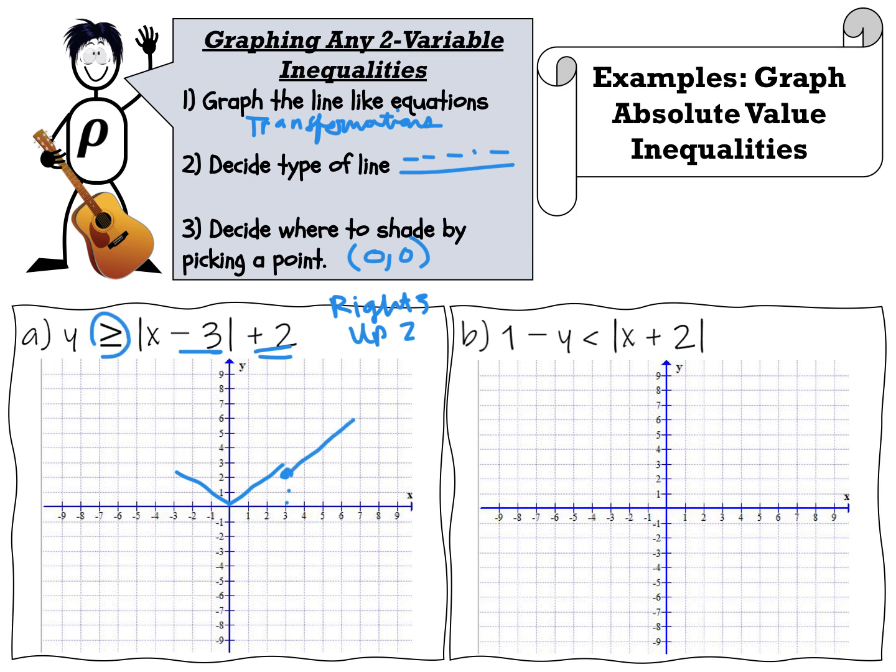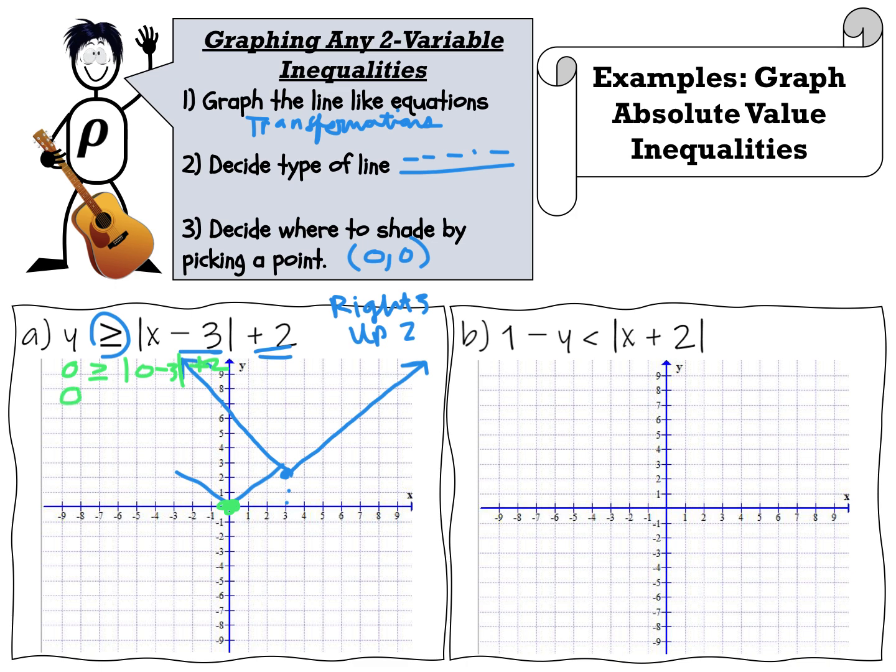So I have a V-shaped graph that looks like that. That's just the graphing part. Now I can decide where to shade. When I decide where to shade, I pick a point not on the graph. 0, 0. 0 is greater than or equal to absolute value of 0 minus 3 plus 2. 0 minus 3 is negative 3, but that's in the absolute value, so that's positive 3.